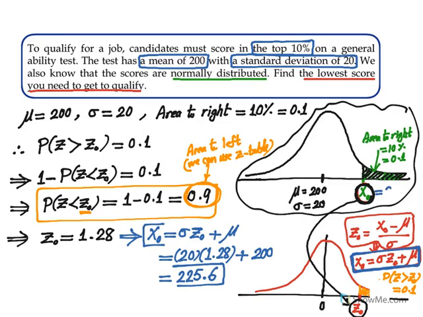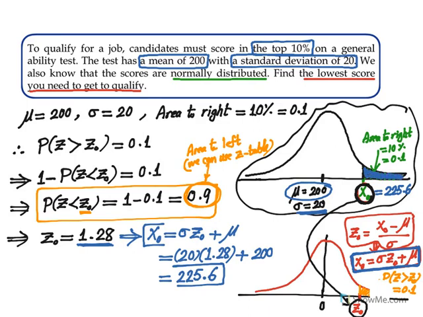This would be your data value X0 that you should put here. So this value is 225.6. Notice that it's above the mean 200 by 25.6 marks. So it exceeds one standard deviation above the mean. This is why it is 1.28 standard deviations above the mean. And the percentage of data above this X0 is 10% of the grades.